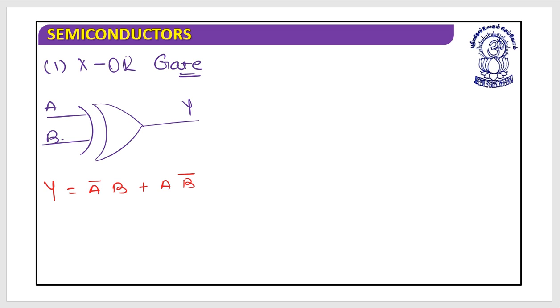So let's try to derive the truth table for the XOR gate. Let's make some columns: A, B, A bar, B bar, A bar B, A B bar, and last is the output. Suppose I have 0 comma 0, 0 comma 1, 1 comma 0 and 1 comma 1 as the inputs.